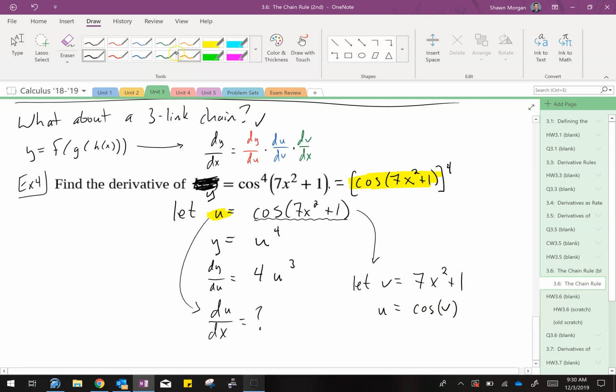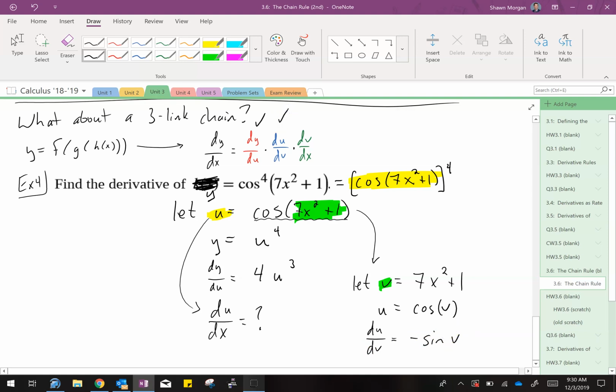Because if we're subbing in place of 7x squared plus 1, the letter v, then this just becomes what's the derivative of the cosine of v. Do y'all remember your derivative rule for cosine? Good. So now du, instead of du dx, is du dv. That's just going to be negative sine of v, and we've got our second link in the chain.